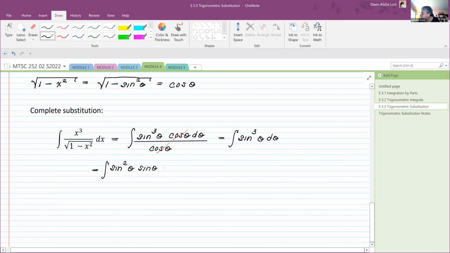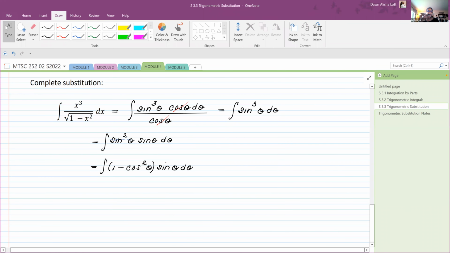So you peel off one of the odd ones. But then when you peel off one of the odd ones, remember the other ones have to go. So they become 1 minus cosine squared theta times the sine of theta d theta.